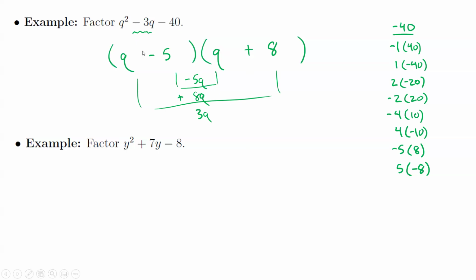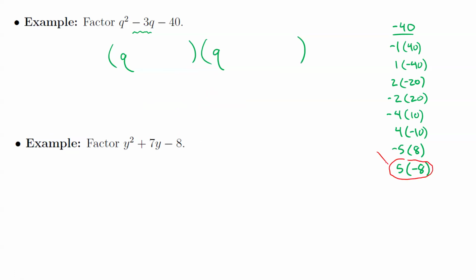Okay. So I realize, uh-oh, I made a mistake. This is why you check. And so say, all right, it's not going to be minus 5 and plus 8. If you get the correct value, like we got a 3, but the wrong sign, then all you have to do is flip-flop which number the negative goes with.